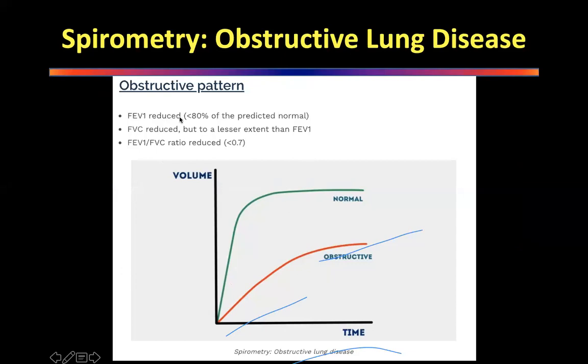So your FEV1 has gone down. This was your FEV1. Here the FEV1 has gone down. Your FVC has reduced, but to a lesser extent than normal. But your FEV1 FVC ratio is reduced, less than 0.7. So this is a graph which is classical of obstructive pattern of lung disease.